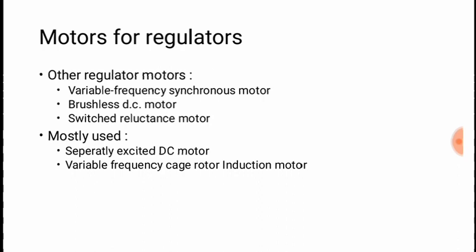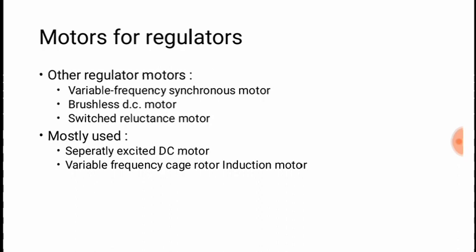Most widely used motors are the separately excited DC motor and variable frequency cage rotor induction motors. But the problem with the DC motor is that it is expensive and it is also not robust. The induction motor is robust, but for its speed control we have to use different power electronic devices like converters and inverters.